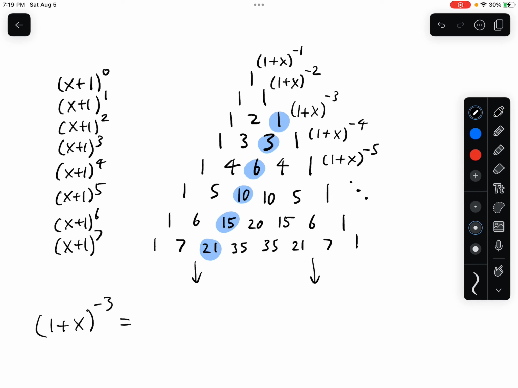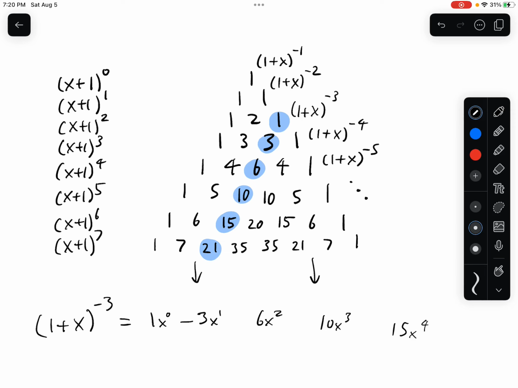We can use Pascal's triangle. We see a 1, we see a 3, 6, 10, 15, and we can leave that for now. And we can write x with increasing powers, x to the 0, x to the 1, x to the 2, x to the 3, x to the 4, and we just need alternating signs.